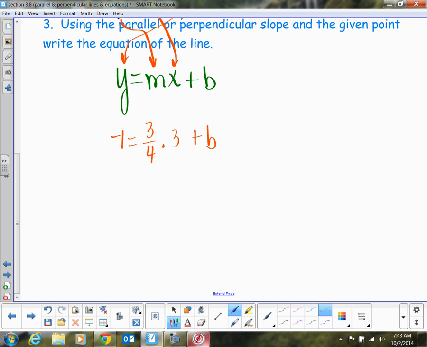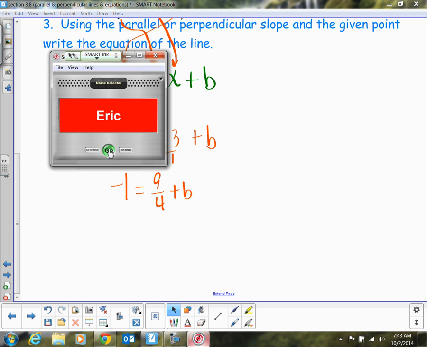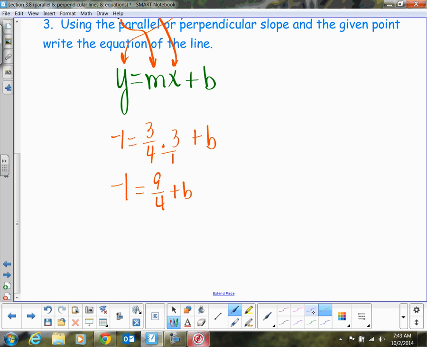All right, this is over 1. So we're going to have negative 1 equals 9/4 plus b. We need to solve for b. Kayla, what do you want to do? We're going to subtract 9/4. So the question is, when I subtract 9/4 to subtract fractions, I need a common denominator.